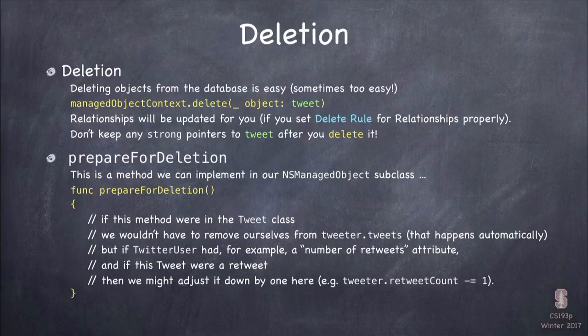And so if I was deleting a tweet and it happened to be a retweet, then I need to set that to be minus 1. And here's a perfect place to do it. So tweet, in its prepareForDeletion, saying, oh, I'm about to be deleted. I better tell my Twitter user, because I'm a retweet, that he needs to decrement his retweet count. So you see why you would use prepareForDeletion? It's a way to kind of update other things in the database as you're leaving the database.